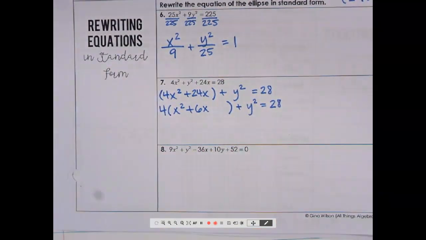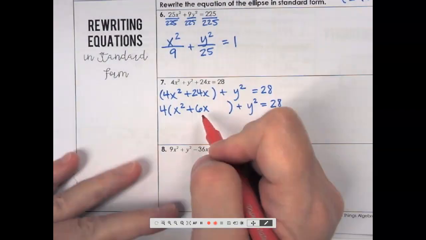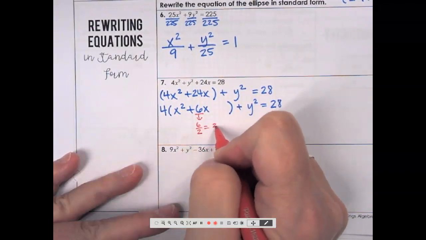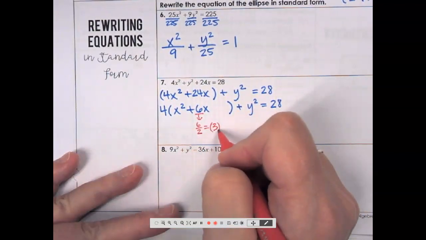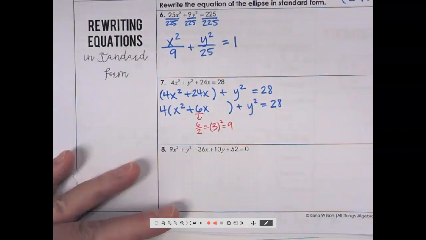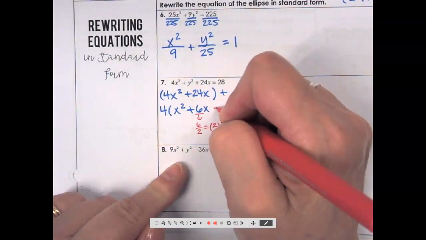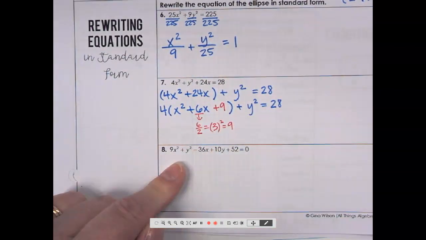Okay, so funky little step we did yesterday. Take the 6, divide it by 2, that's 3, and I square it to get 9. That's exactly what we did yesterday. I'm going to put a plus 9 here, but wait, don't put a plus 9 on the right.